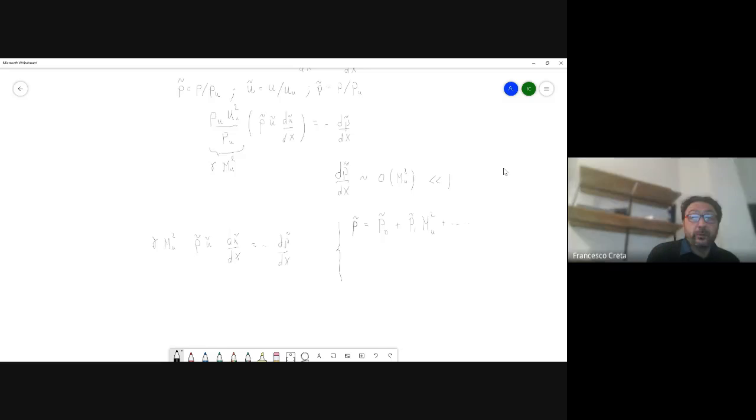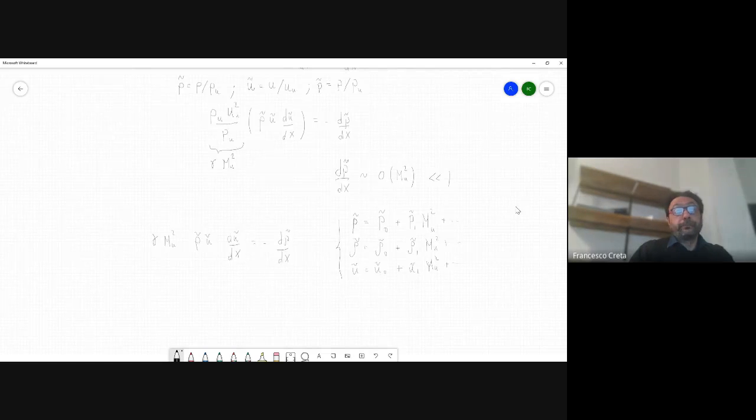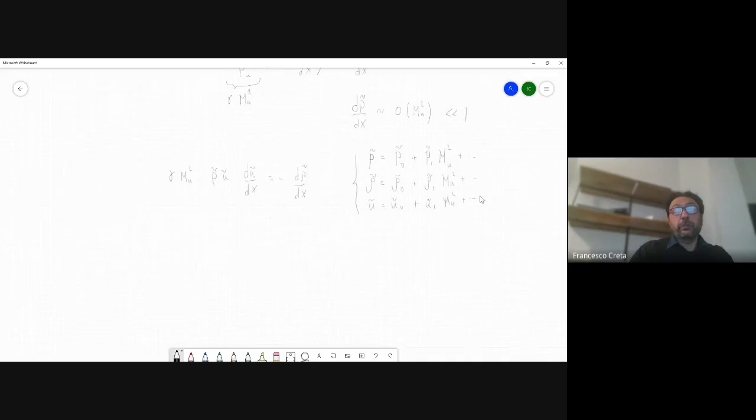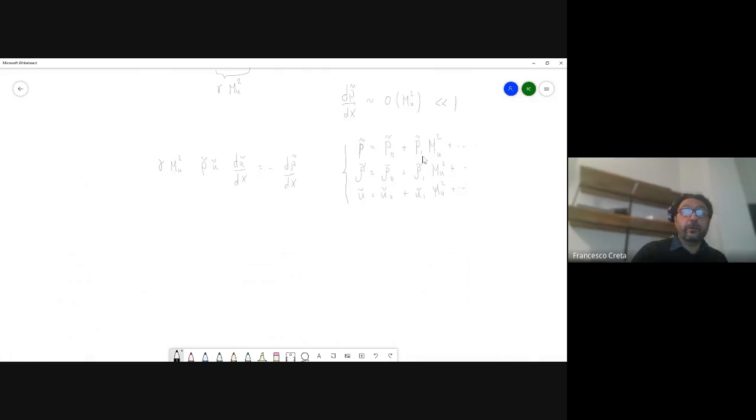And the same thing you can do for density. You see that I'm essentially introducing a zero order and a first order, and so on, etc.